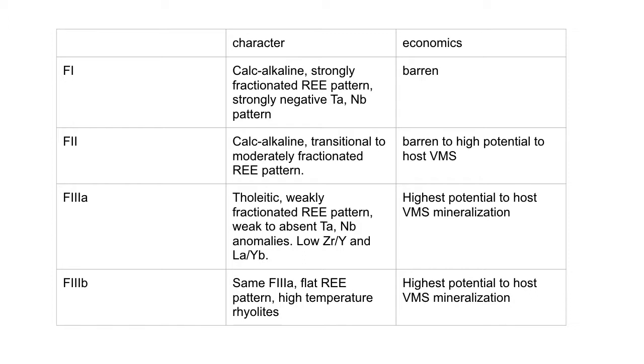These are the different geochemical classifications of rhyolites: F1, F2, F3A, and F3B, and I summarize the characteristics of all these different rhyolites and also whether or not they're associated with mineralization. And we'll be going over each one of these characteristics and describing them in more detail and exactly why F3 rhyolites have these characteristics and are associated with mineralization.